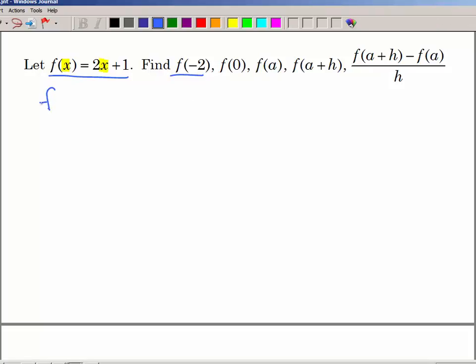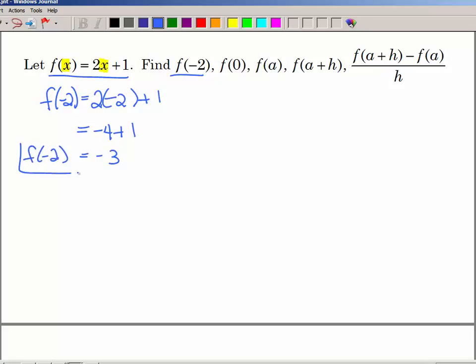So f of negative 2 equals 2 times, and I think the best habit you can get into is to put parentheses in place of that x and then fill that parentheses in with whatever was over on this side of the parentheses. So we have 2 times negative 2 plus 1. And then just work on the right hand side. So we have negative 4 plus 1, which is negative 3. So f of negative 2 is negative 3.